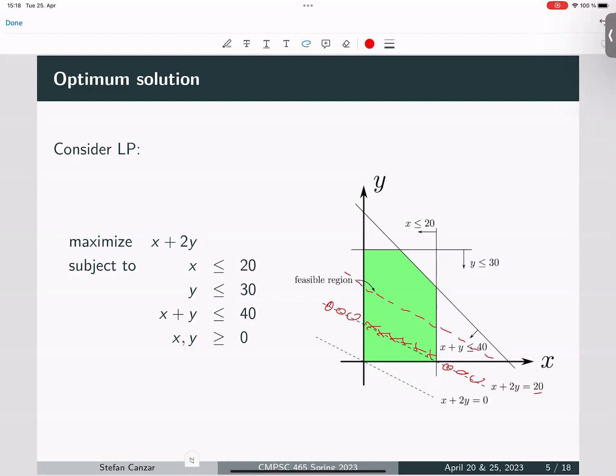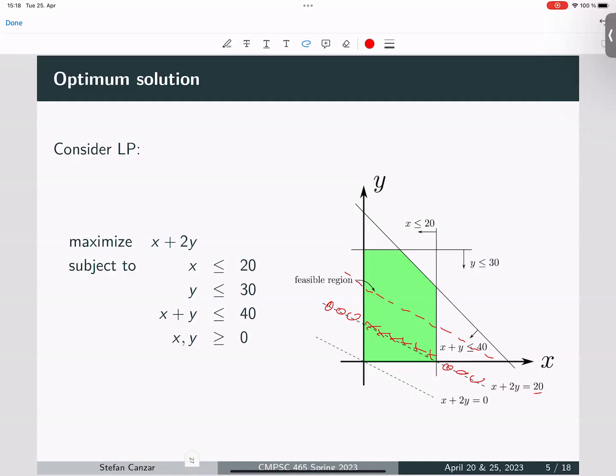Is there a question? We're trying to find the one point that maximizes this. So this has nothing to do with the area of the feasible region. The feasible region just tells us this is the set of points. There are infinitely many points in here.